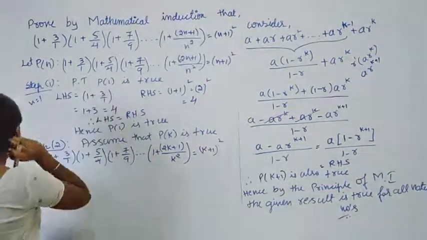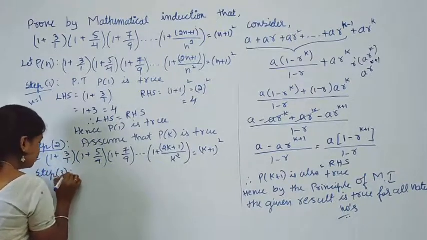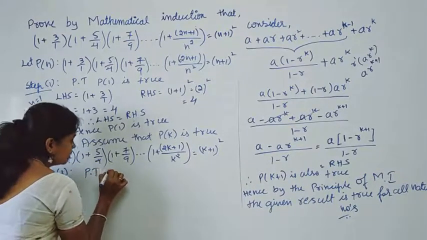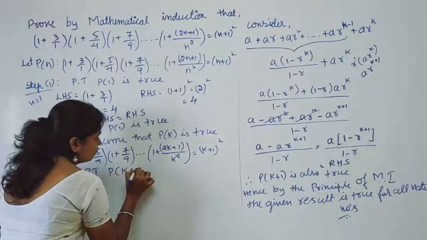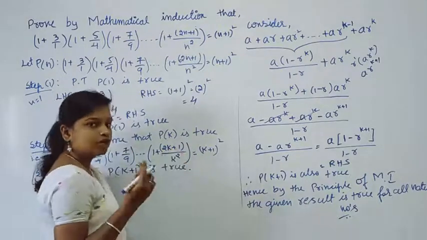So next, step 3. Step 3 is what? Prove that P(k+1) is true.